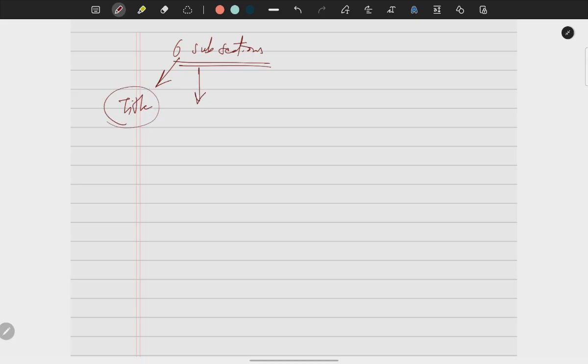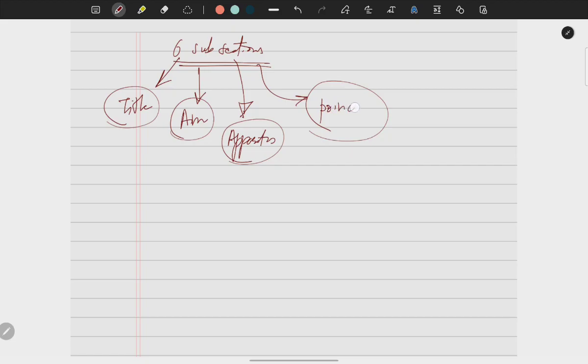The second is the aim of the experiment: what is the aim behind performing the experiment? The third is the apparatus used. The fourth is the principle, that is, the physical principle used in the experiment. And then we have the procedure, how you did the experiment.